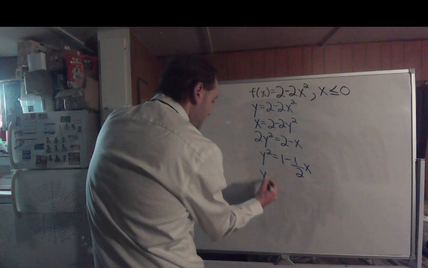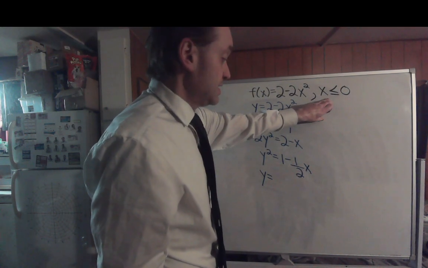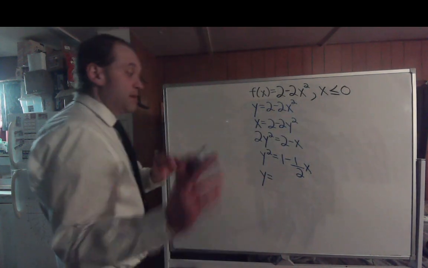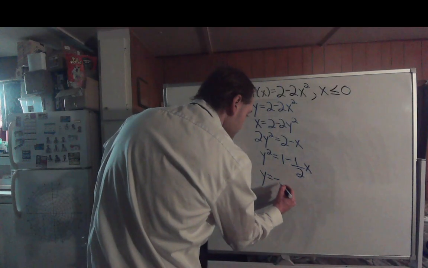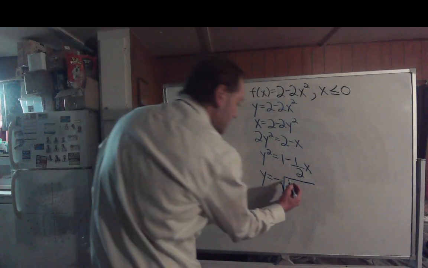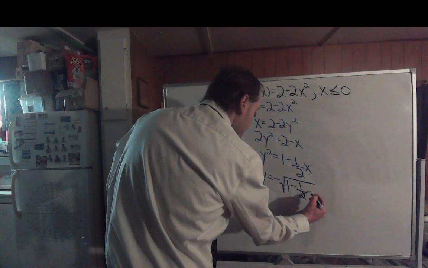So y would equal, now the domain of the original is x is less than or equal to 0. That means you're going to take actually the negative square root of the right hand side. So y would equal the negative square root of 1 minus 1/2 x.